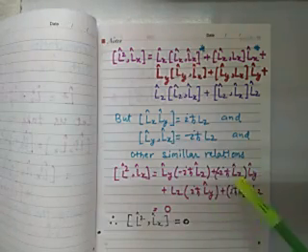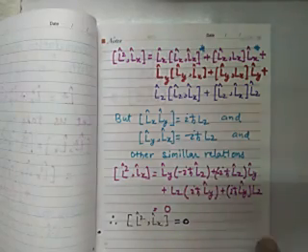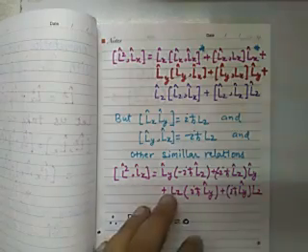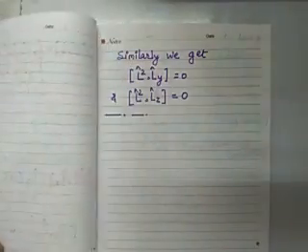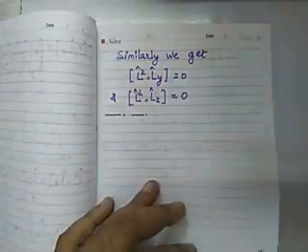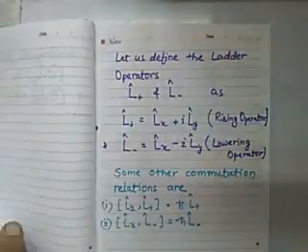And here we see that these terms cancel each other, and finally we get this equal to 0. That means the commutation relation of L square with Lx is equal to 0. Similarly, we get the commutation relation of L square with Ly is equal to 0 and L square with Lz is equal to 0.